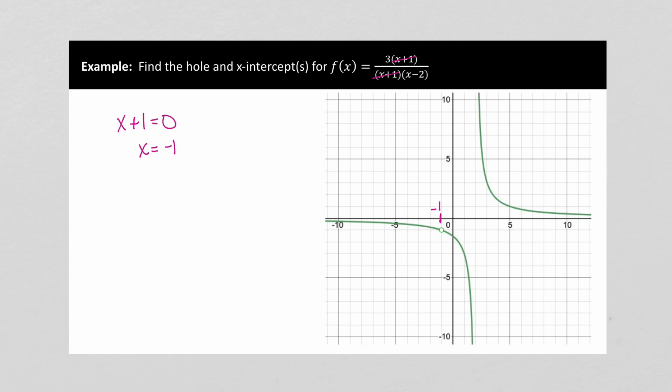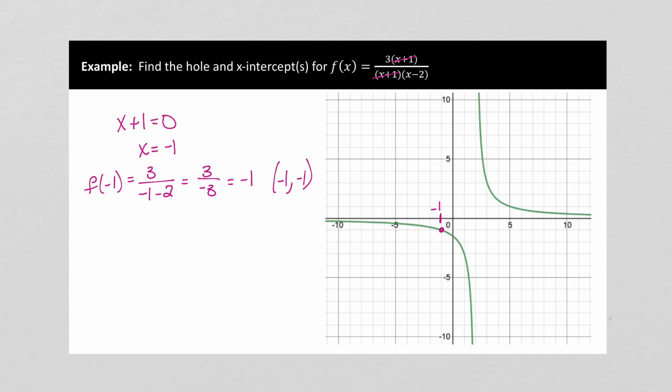So the hole actually ends up being at, we can plug in -1 to find the y value. We don't need what we've canceled out, do we? So our hole is at -1, -1. That's where it is right there.